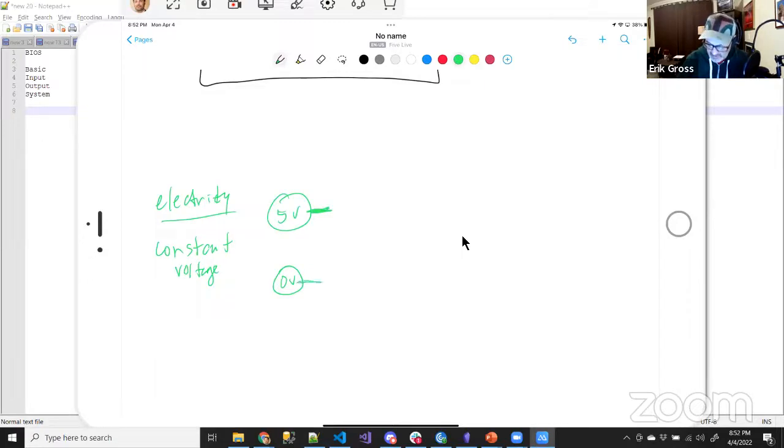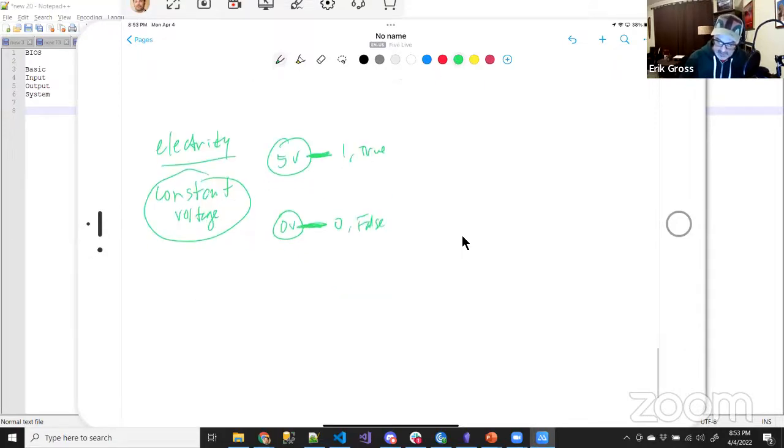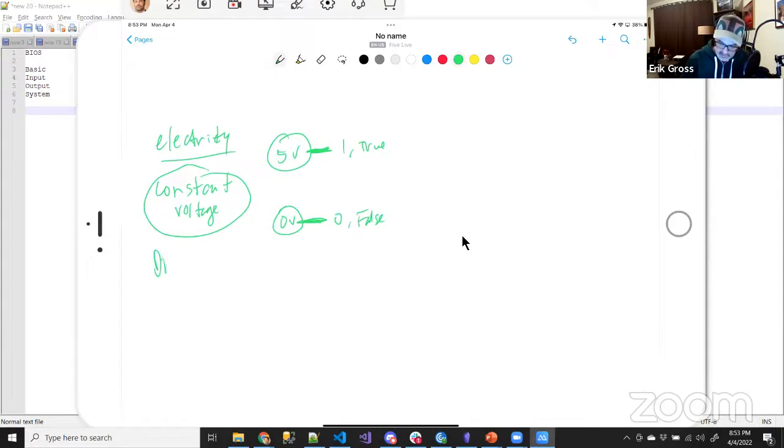And we need it to stay at 0 for as long as we need it to stay there to represent information. Remember, that's a 1 or 0. That's a true or false, so on and so forth. That's constant voltage. They also have a term for that called direct current.